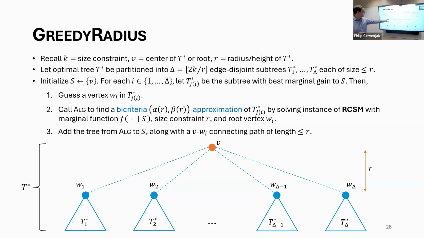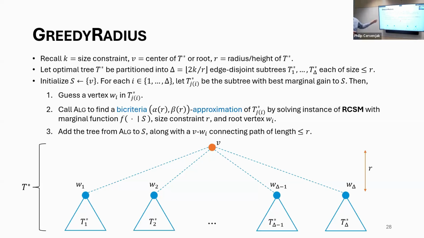And then we also pass the marginal gain function with respect to our current solution. So hopefully you can see that this T star Ji is going to be a feasible solution to this reduced instance, and therefore any solution that we get back from ALG is going to be an approximation with respect to this subtree.